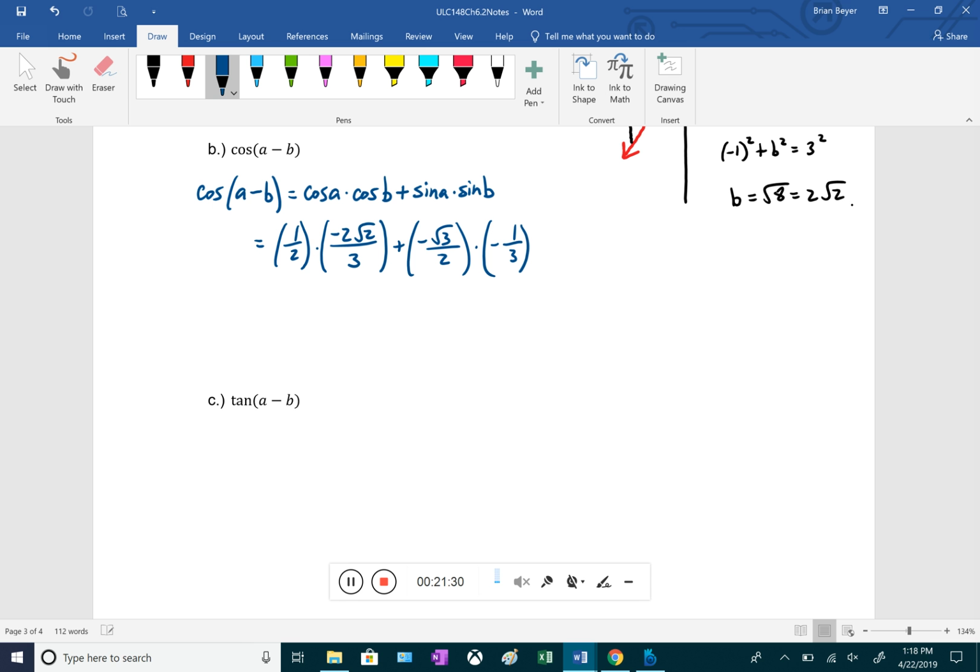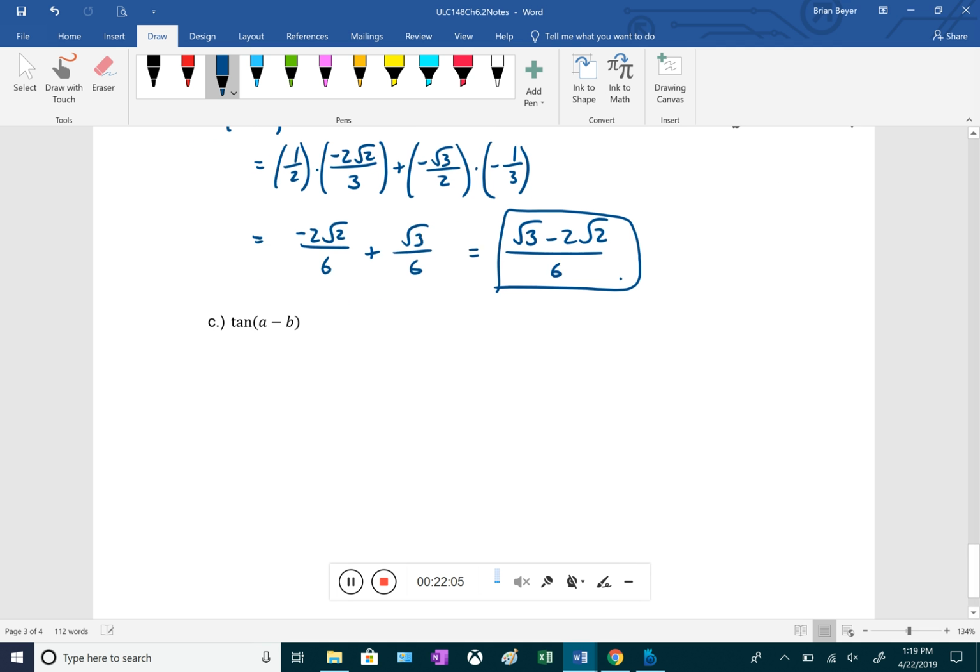Okay, so simplifying this, multiplying that first term, we get negative 2 radical 2 over 6. And then we get plus, because we had negative times a negative, radical 3 over 6. And simplifying this, I'm just going to rearrange it, radical 3 minus 2 radical 2 over 6, and leave it just like that. Can't be simplified, so that would be our answer for that one.